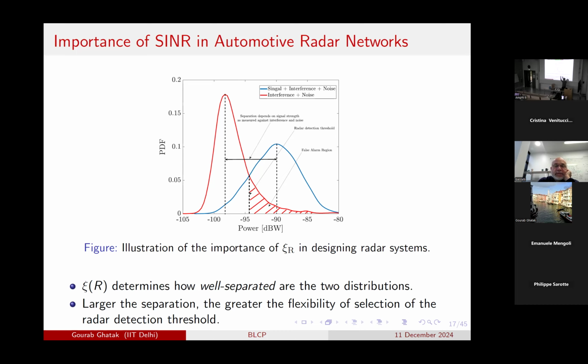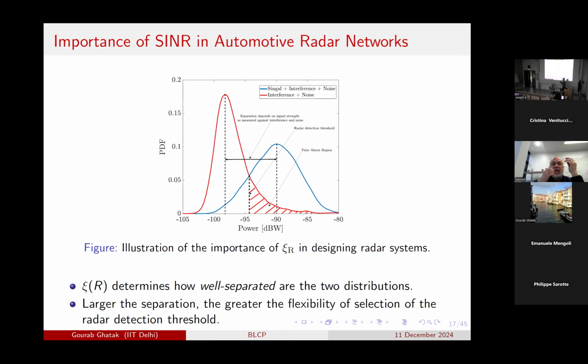If I choose my detection threshold where these two densities cross, then the shaded region in red is the probability of false alarm: the probability that my noise and interference is greater than that threshold although no signal was present.